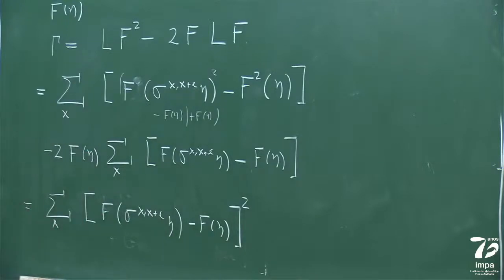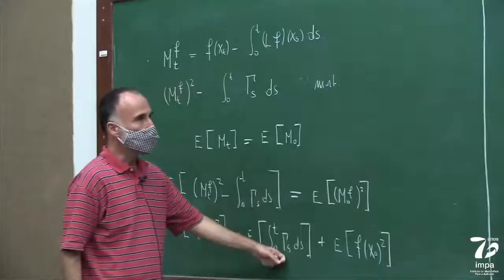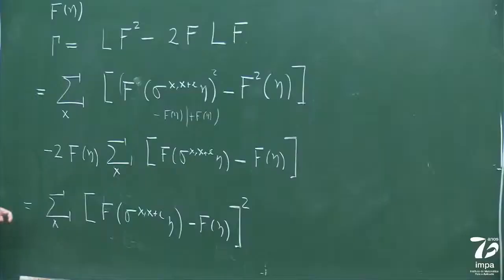And so I want to use this formula in order to estimate the square of the martingale. So I have to compute gamma, and I just obtained a simple formula for gamma.